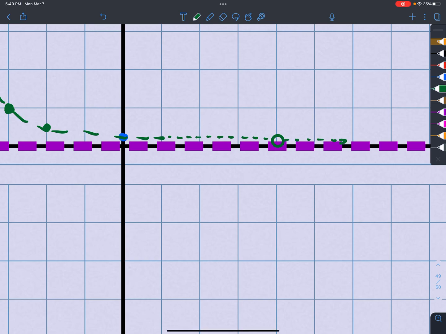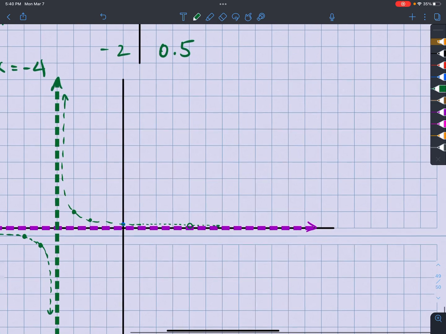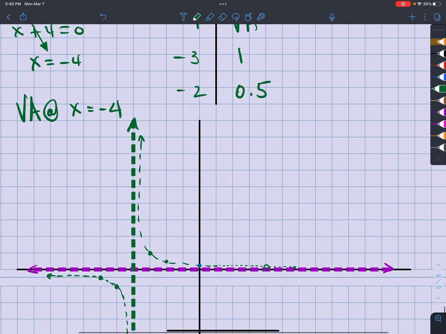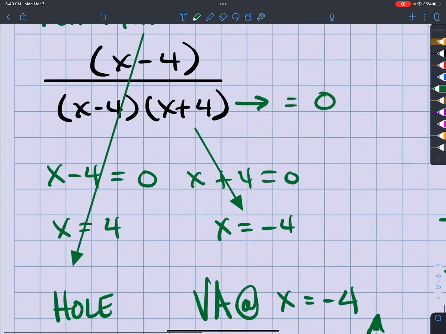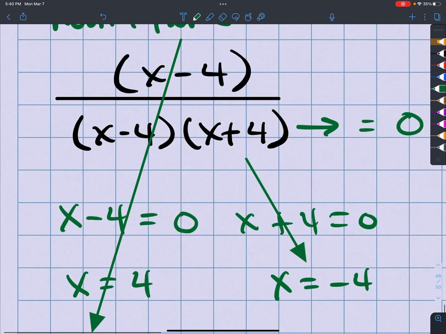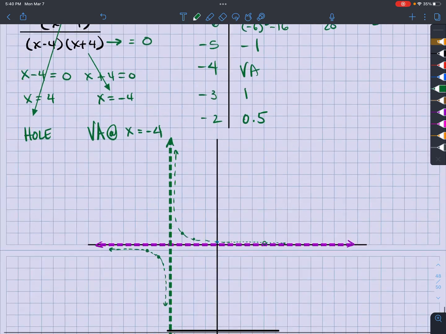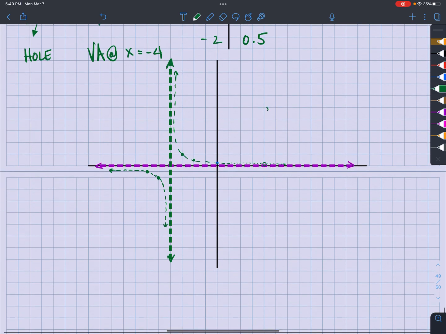Now, how do I know the location of that hole? Well, here's the thing. If I reduce this, where the x minus 4 cancels out, what I'll have left is that f of x is equal to 1 over x plus 4, right?